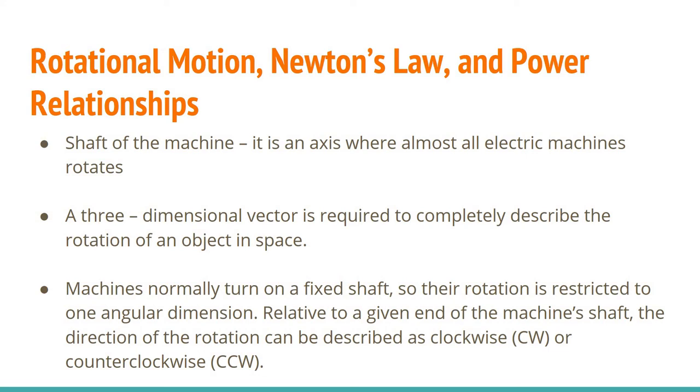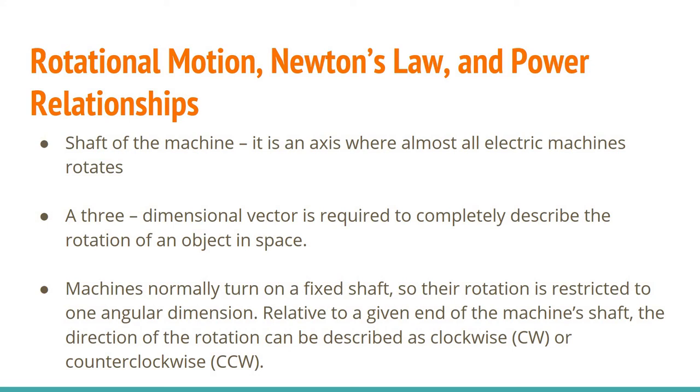Okay. A three-dimensional vector is required to completely describe the rotation of an object in space. Please review vectors in physics and in electric circuits so you can relate to the three-dimensional vector.